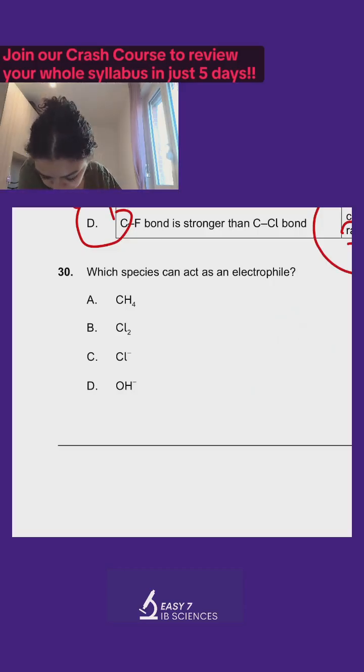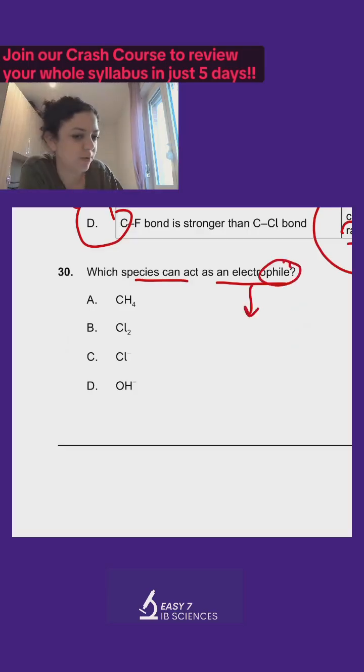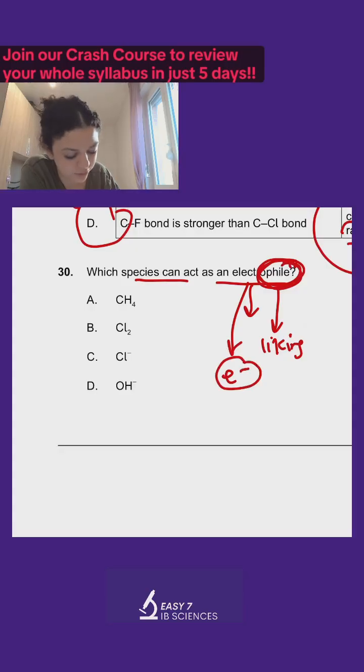Okay, so which species can act as an electrophile? An electrophile, think of file. This is really annoying, but yeah, think of file. There's another word you can think of, but it just means liking. Okay, electrophile, electron liking. So if something likes electrons, it has to be what?